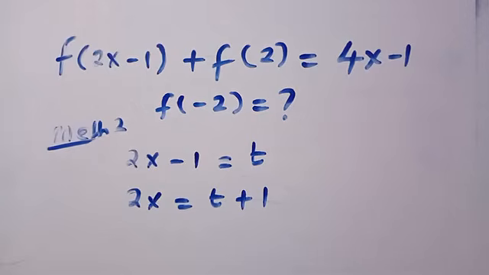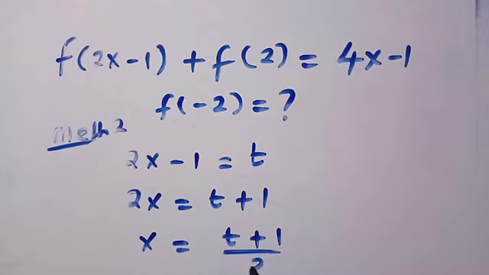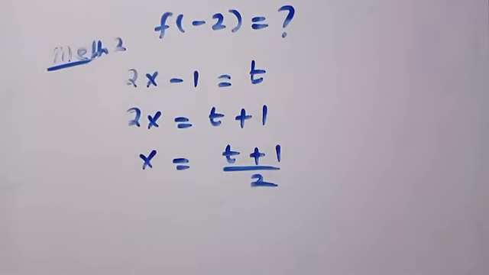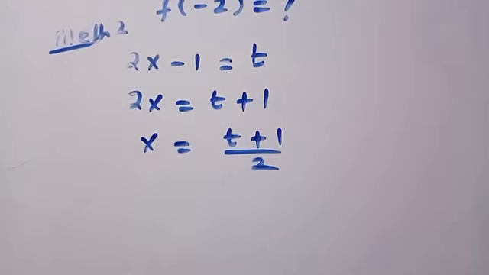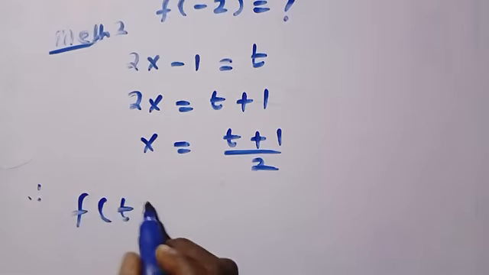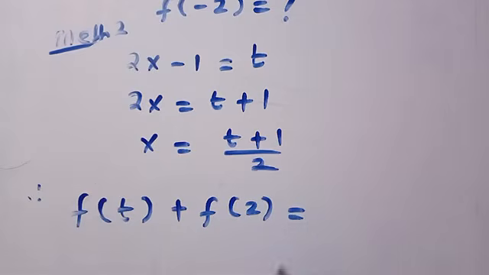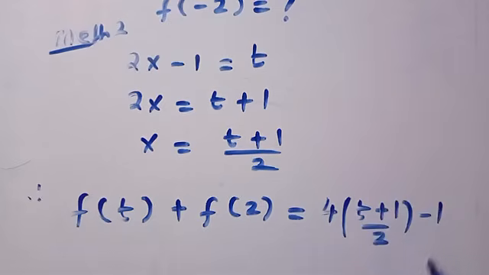If 2x equals t plus 1, we divide both sides by 2. Therefore, x equals t plus 1 divided by 2. Anywhere I see x, I'm going to replace it with t plus 1 over 2. As we have f of t plus f of 2 equals, so for x there is 4 into bracket of t plus 1 divided by 2, then minus 1.